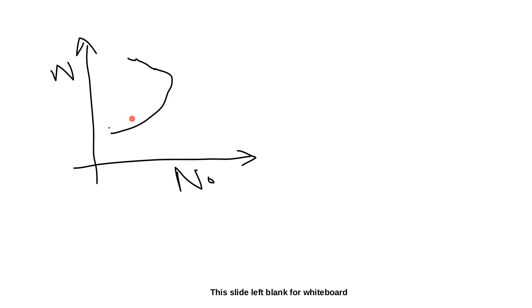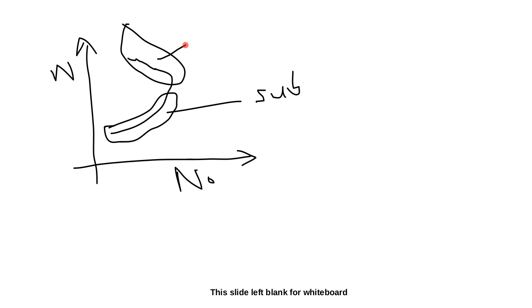This side here is brought about by what we refer to as the substitution effect. And this side here is brought about by what we refer to as the income effect.